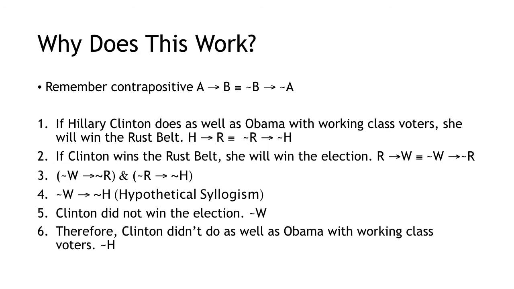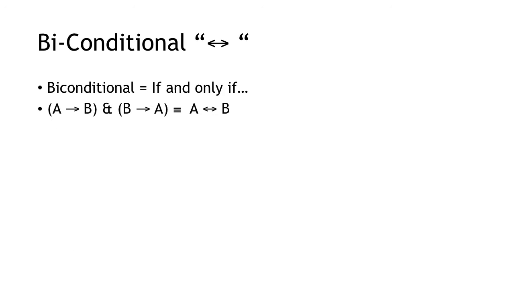Okay, the final thing I want to talk about with conditionals is the biconditional. Your book mentions these, but it doesn't actually give a symbol for them. I think they're important enough that I'm going to give a symbol for them. You can just represent the biconditional by saying if A, then B, and if B, then A. It means exactly the same thing.